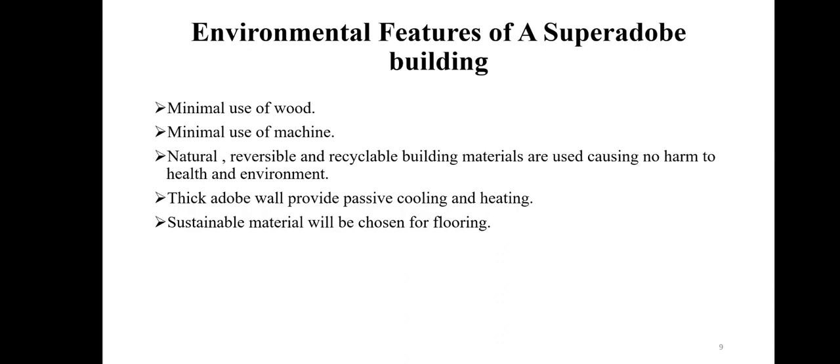Natural recyclable building materials are used which cause no harm to health and environment, and the materials for the floors are also chosen to be sustainable, such as soil. Let's move to the next slide.